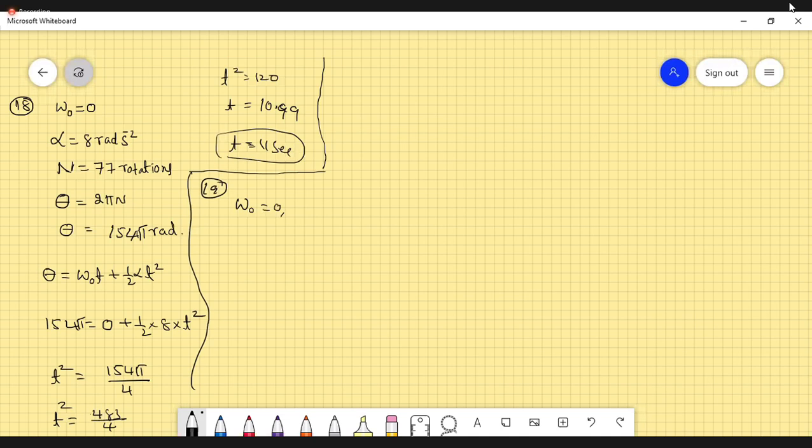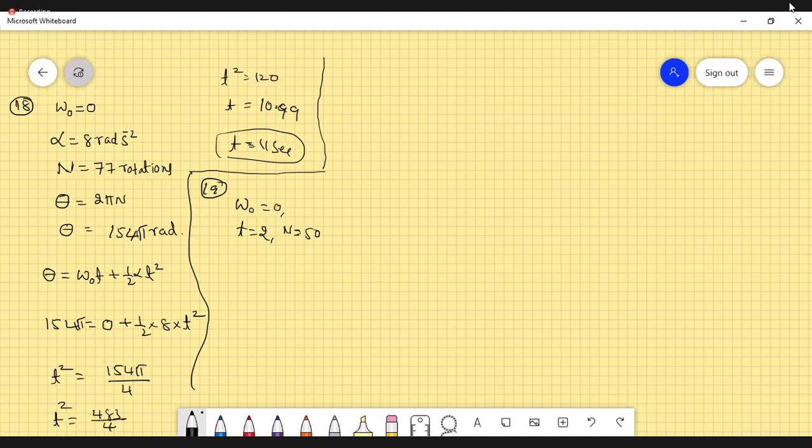In the first 2 seconds, t equals 2, and the number of rotations equals 50.